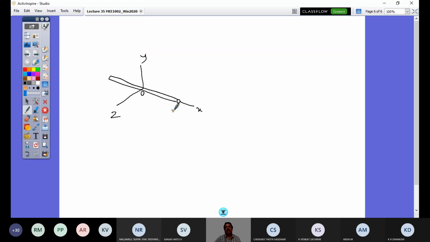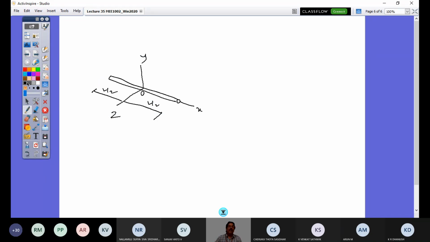So this is my origin, and this distance is L by 2, and this distance is another L by 2. Now I have the 3 axes. For rotation about the x-axis for a one-dimensional figure, inertia is neglected. If it is a slender bar, you don't need to consider its rotational inertia about its own axis. Whereas if the same bar is rotating about the y-axis or the z-axis, you should consider rotational inertia.